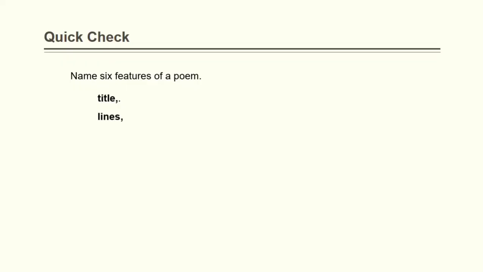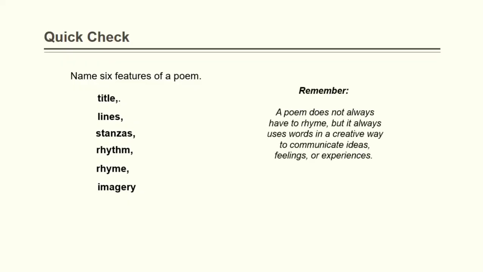Poems also have lines. They have stanzas. They usually have rhythm. They rhyme as well sometimes. And most often than not, they have imagery. Remember, a poem does not always have to rhyme, but it always uses words in a creative way to communicate ideas, feelings, or experiences.